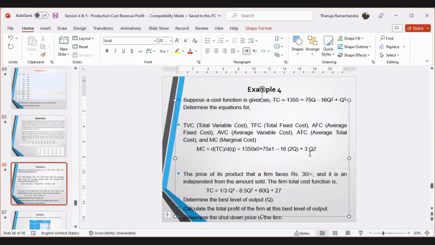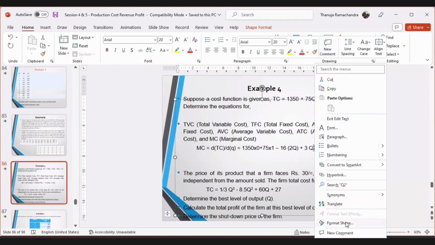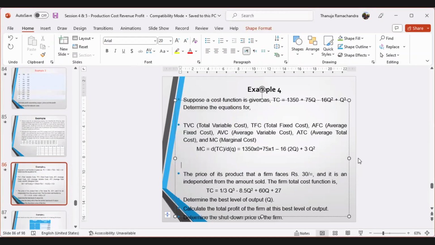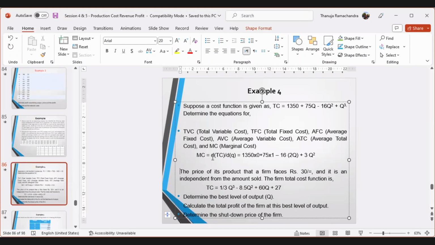16 into Q to the power 2. When you differentiate Q to the power 2 with respect to Q, it's 2Q, right?